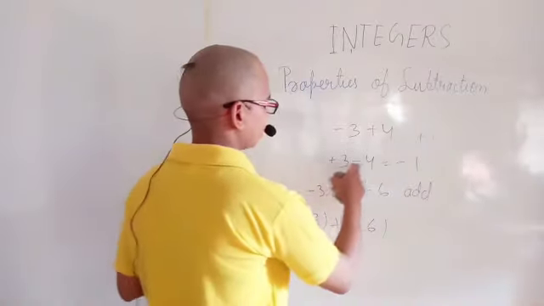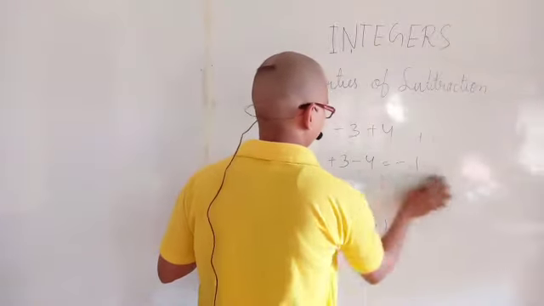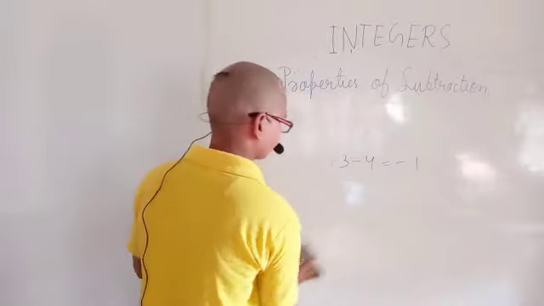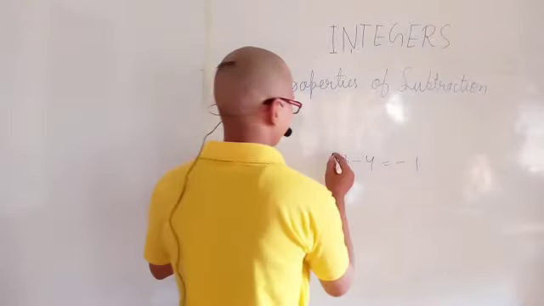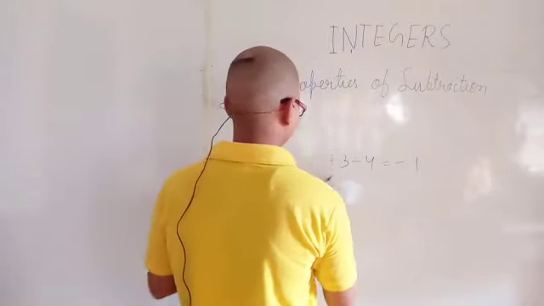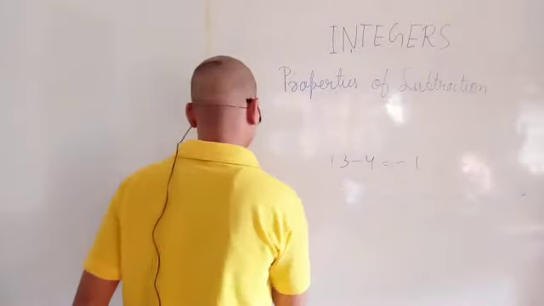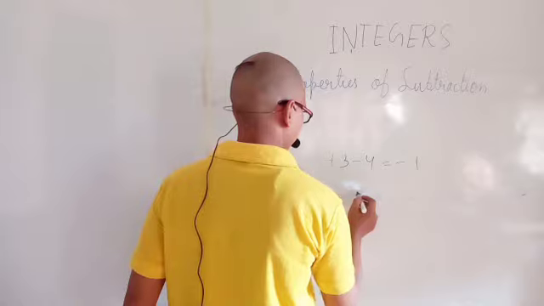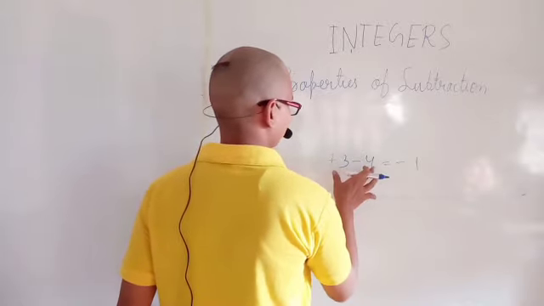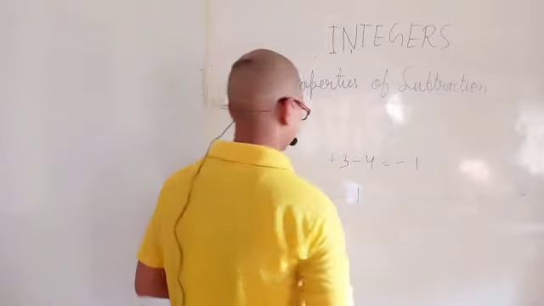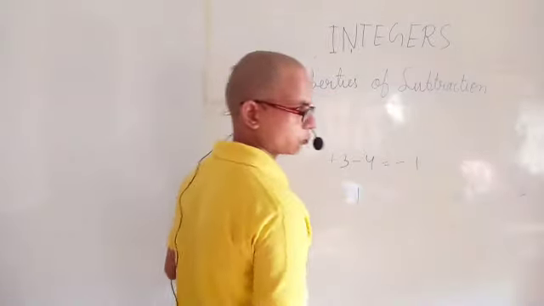Like we have 3 minus 4 given, so now see it on the number line. With the help of the number line we can also solve it. There are two signs, plus and minus, both given, that's why we can also take a negative part and a positive part.